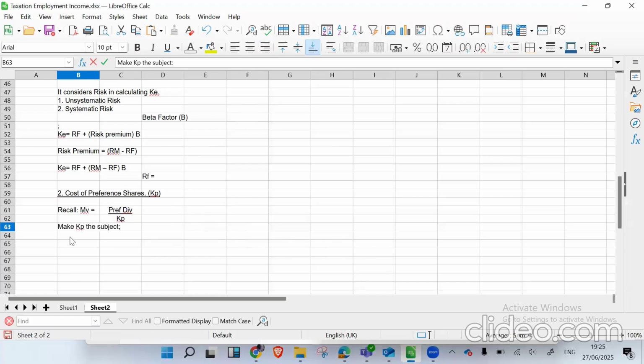When you make KP the subject, itakuja huku, ikuja hapa. Just cross multiplication. So KP would be equals to preference dividends divided by the market value.